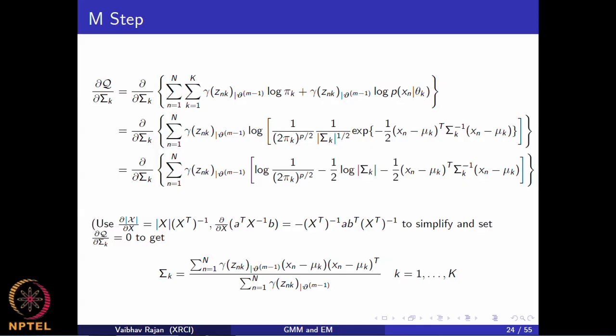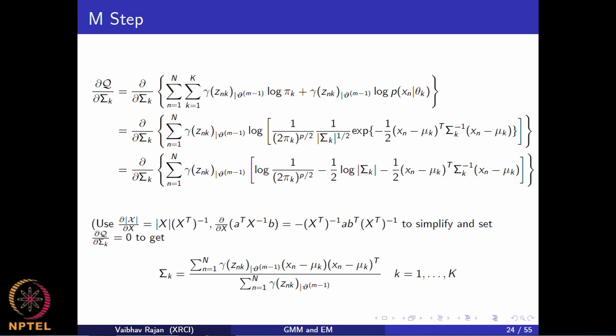Right. So when we do this for sigma k, again we don't need to worry about this part, we only differentiate for this part. This is also very simple. You can simplify this further by first applying the logarithm here for each of these parts, and the logarithm of the determinant is given by a simple formula. You can apply the derivative here, and again you get back the same form for sigma k which you found earlier.